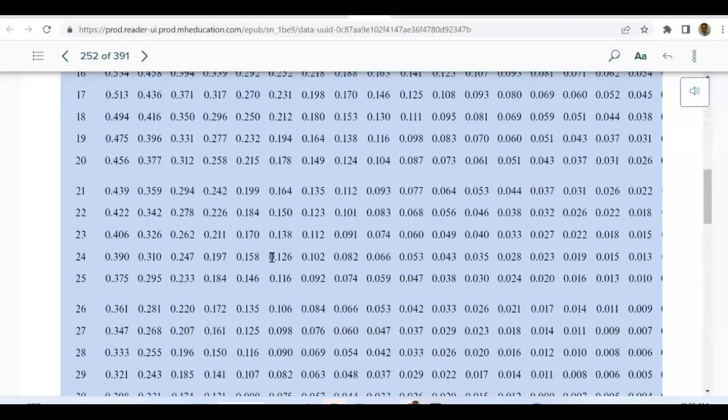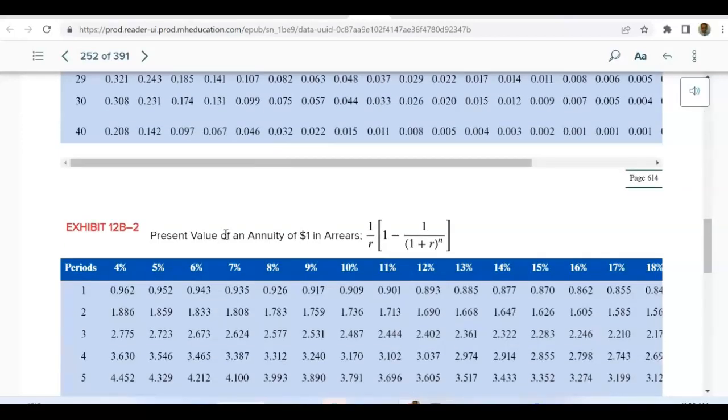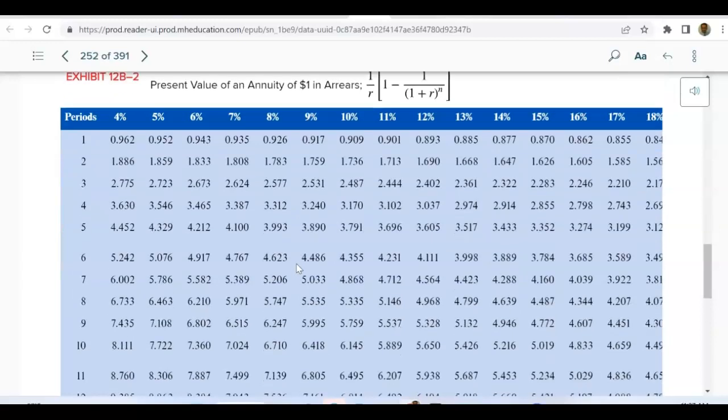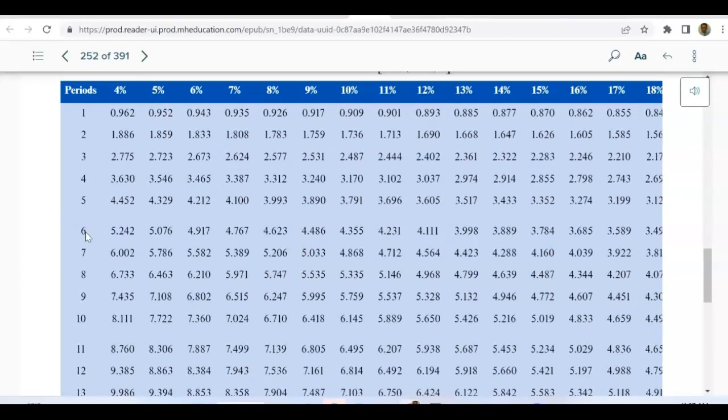So you go to the present value of an ordinary annuity, not the annuity due table. Remember, if you're Googling it, present value of ordinary annuity. So here is the ordinary annuity. And we say, okay, this is 6 years, right? Useful life. And we are looking at 3.720.